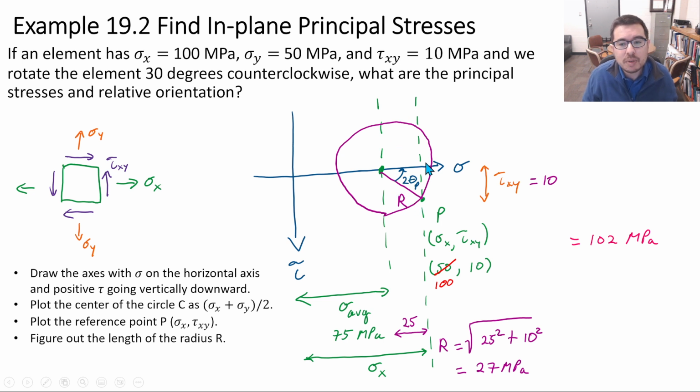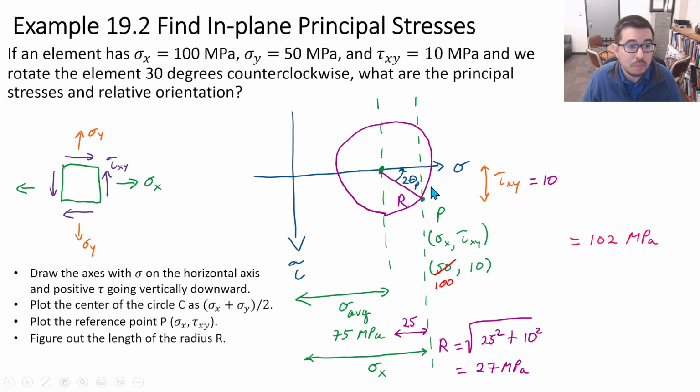Well, to get to the principal stresses, we just need to get to this horizontal line, because that's going to put us out. My circle is not super great, but it's going to get us out to the left and right sides, the limits, the outermost parts of the circle, at least relative to the sigma axis.